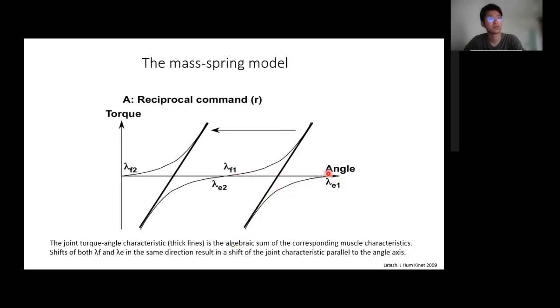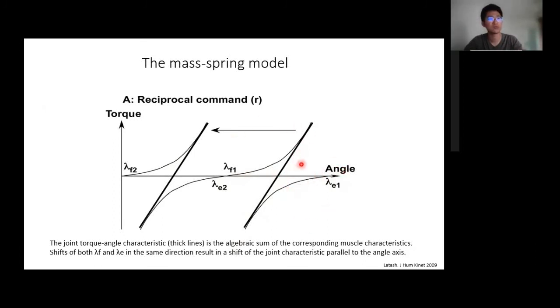And here we see this lambda F and lambda E, the zero lengths for flexor and extensor, are separate. Actually it can be somewhere else, but here they show there's some distance between the two resting lengths.